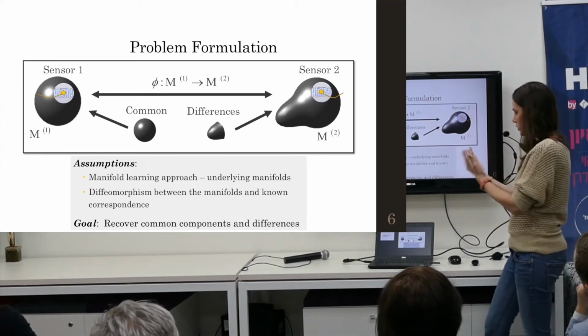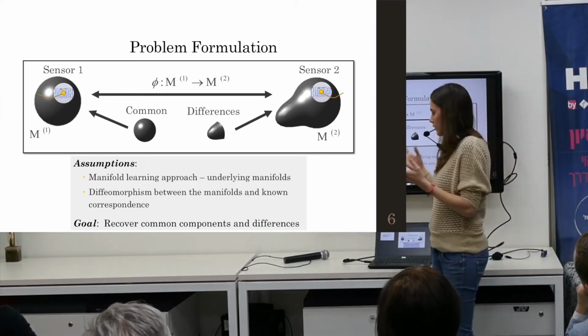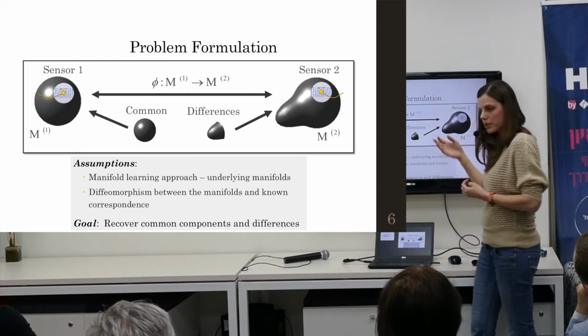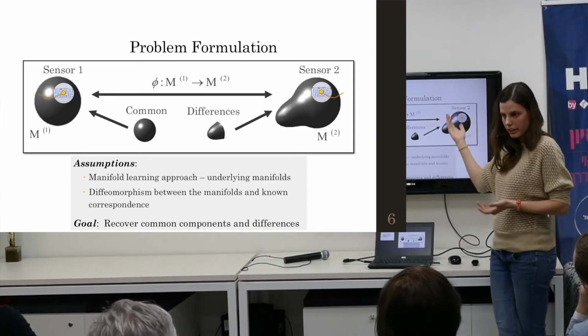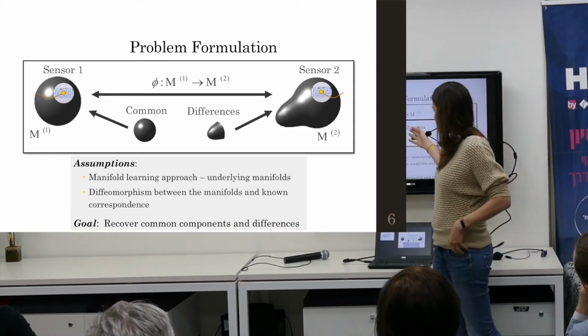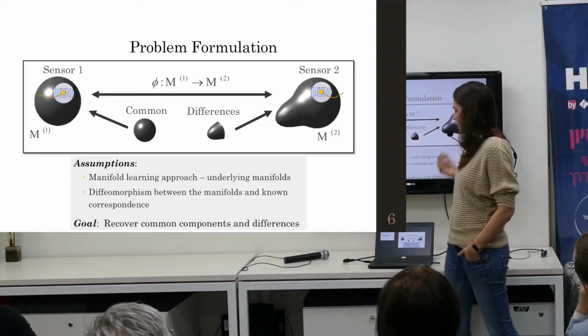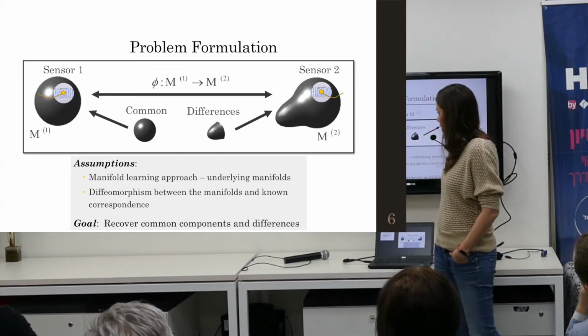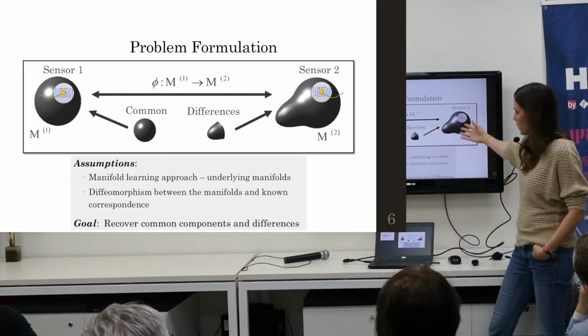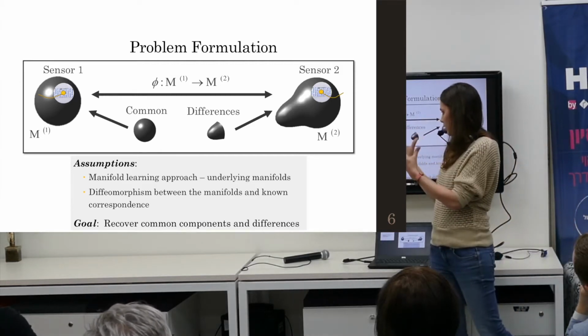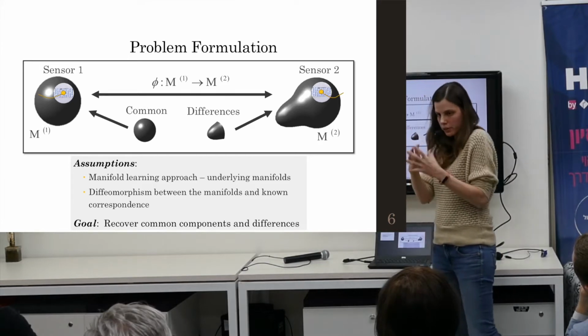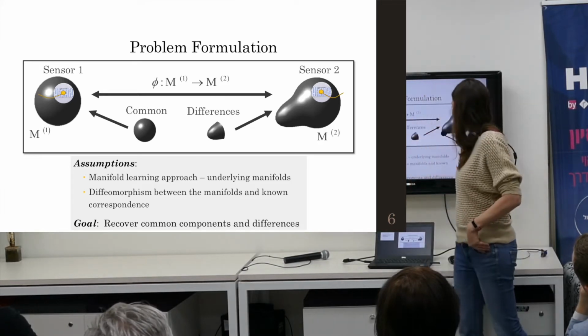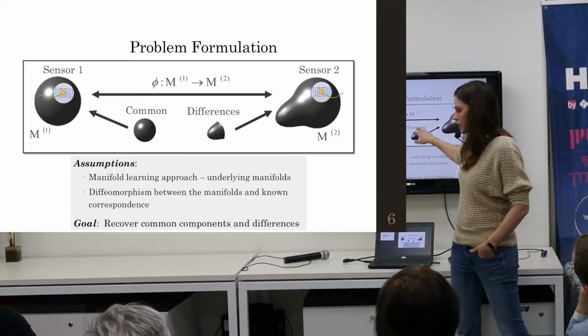We want to recover components which are common to the two sensors, for example, the maternal heart activity, and we also want to extract and characterize the differences between the two data sets, or the two manifolds. Considering the sphere and the sphere with the bump here, the common will be the areas of the sphere which are round and common to both of them, and the differences will be the bump.